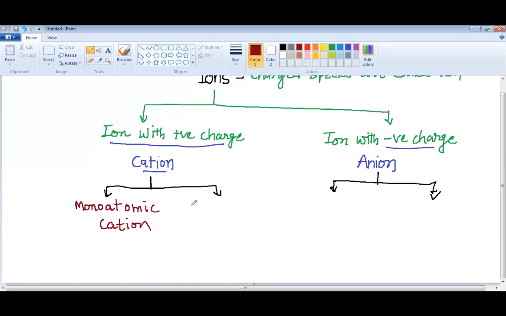At the same time, my dear students, we can have polyatomic cation. Same way, when we look at the anions, we have monoatomic anion, and we can have polyatomic anions.